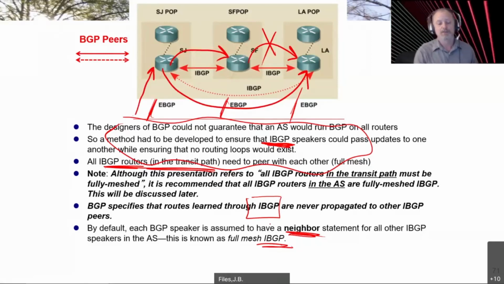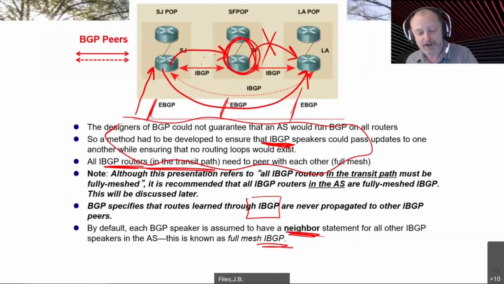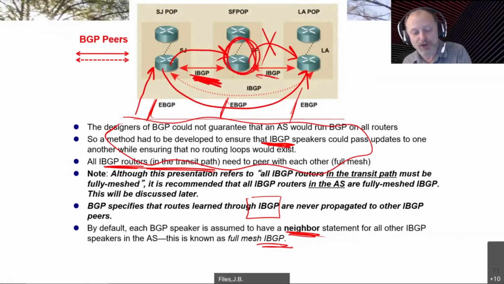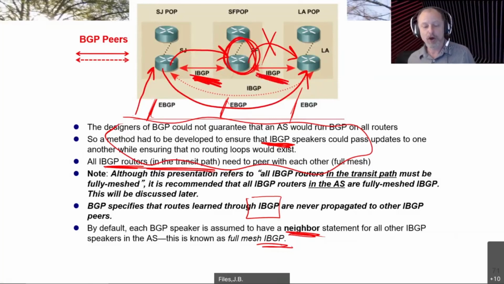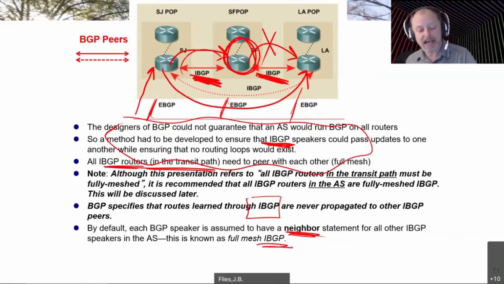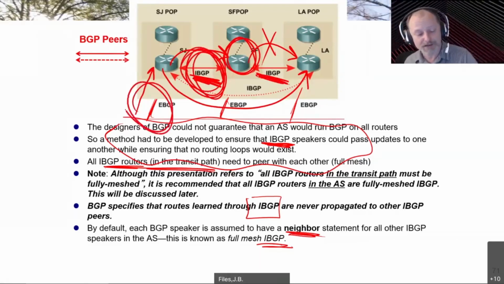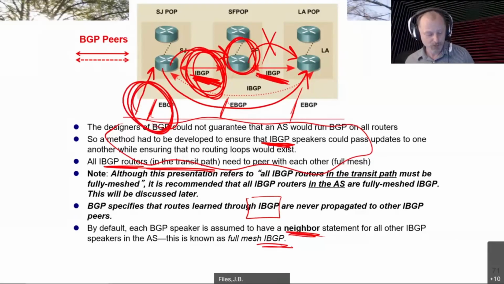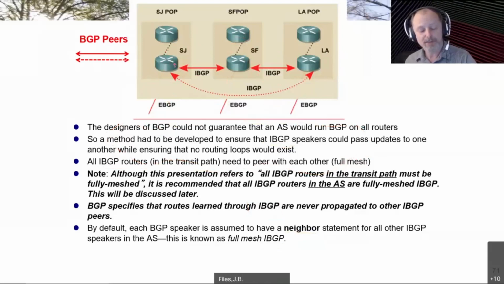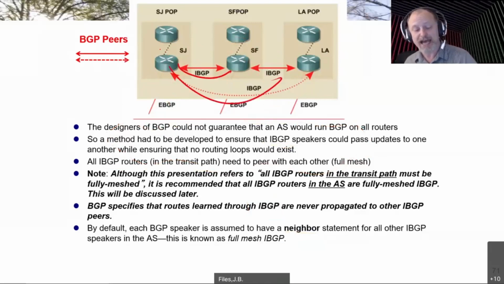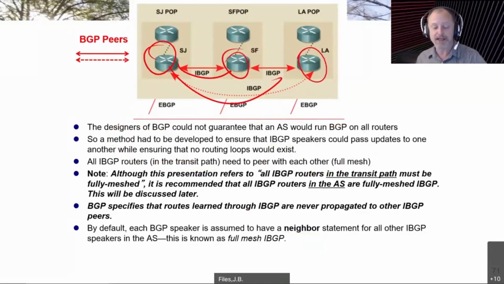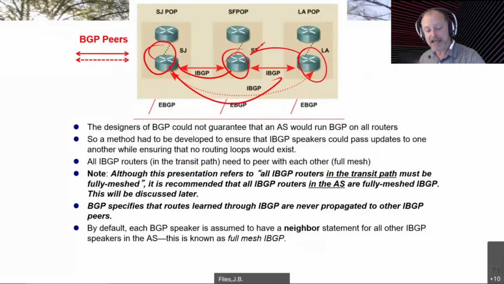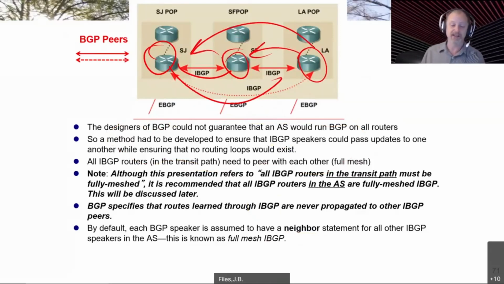So when this neighbor learned it via iBGP, it will not then advertise it via iBGP. The only way you can advertise something via iBGP is if you learned it via eBGP, which means all of the iBGP neighbors have to be fully meshed so that if any one of them gets an eBGP advertisement, it can send that to the others.